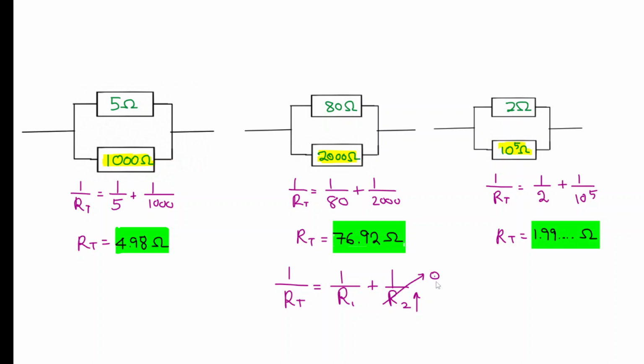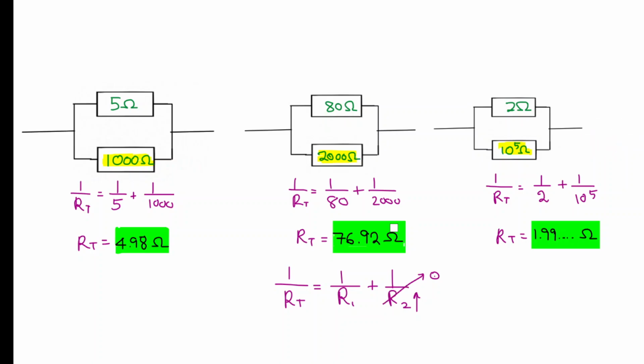This gets really small. For example in the third example, that would be 1 over 10 to the power of 5, so you get 0.00001, 4 zeros and a 1. So that's really small, right?